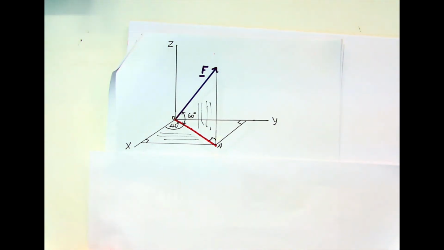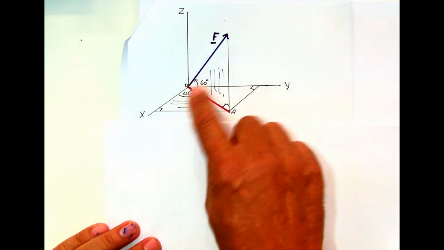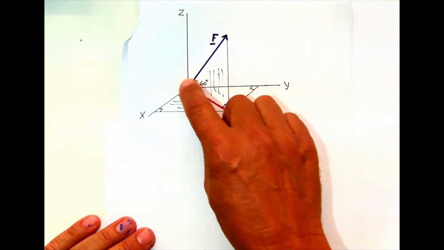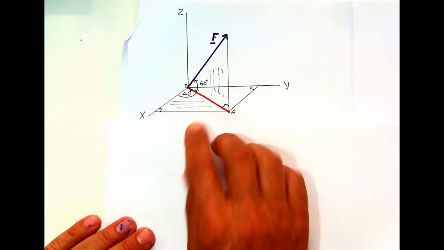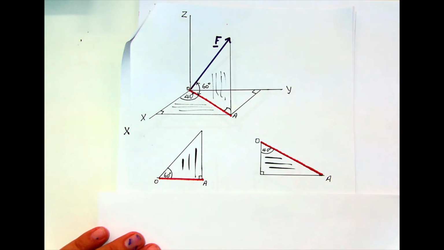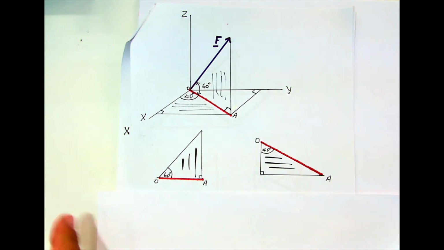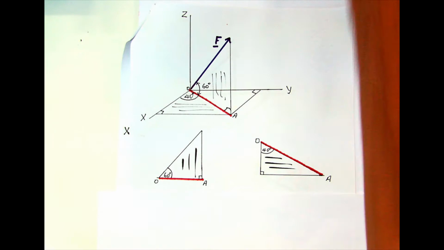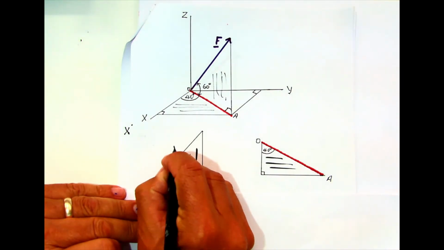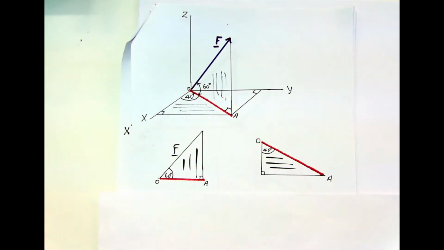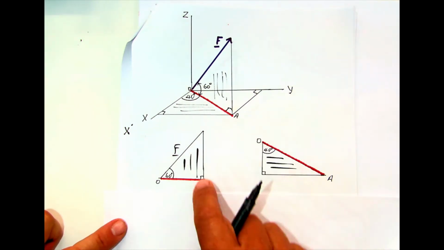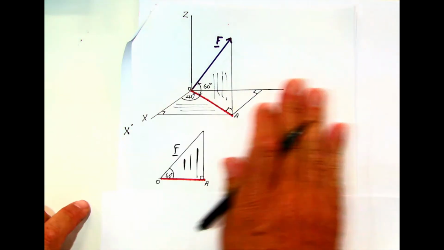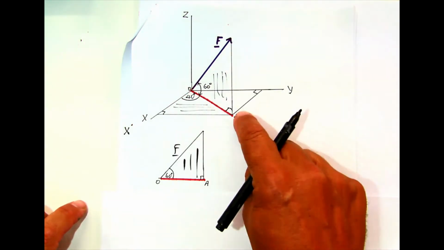Now, okay, it's better to redraw these two triangles. You can redraw that triangle and this one separately, and then you get something like this. Well, when you get used to these problems, it's later not necessary to do this anymore. But okay, that one there, the force F is over here. 60 degrees, 90 degrees down there, because this is in the horizontal and that is a vertical line.